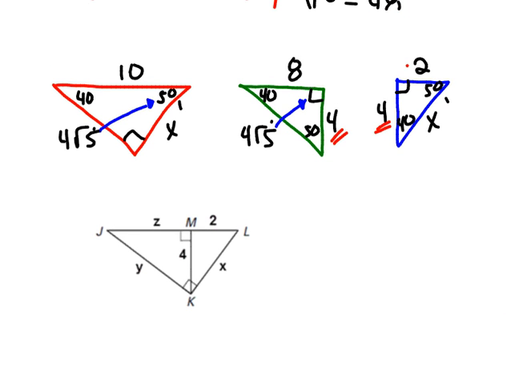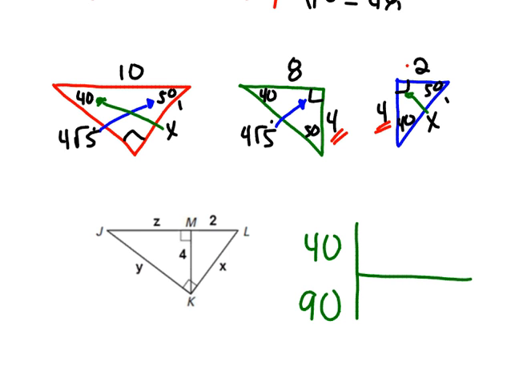All right, our last variable is x. Let's find out where x is. So x is in our large triangle, and it's opposite to 40. And then x is in our small triangle, and it's opposite our 90. So we'll have 40, we'll have 90. And it's in the large triangle and the small triangle.